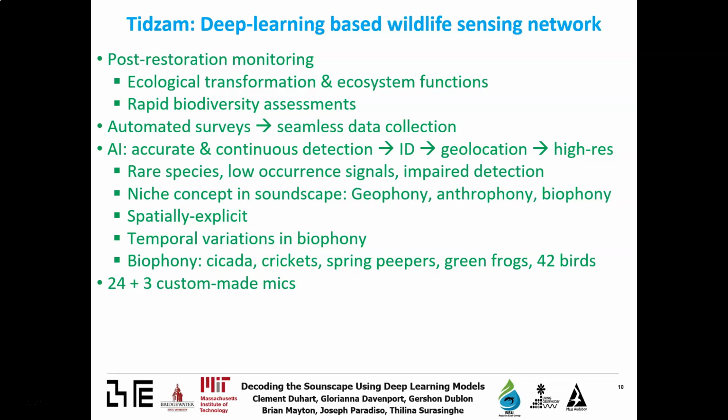And since we sample not only the biological sounds but also the geophony and the anthrophony, we can use this kind of sound system to detect all the concepts in the soundscape that I explained to you in the previous lecture. We have microphones distributed throughout the soundscape, and some are omnidirectional and some are unidirectional.